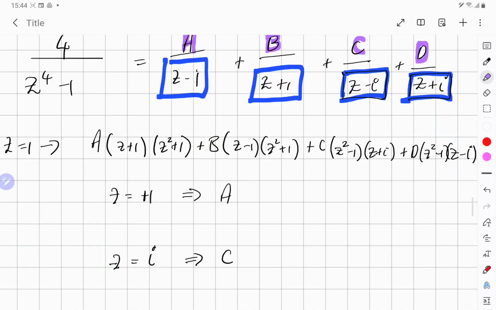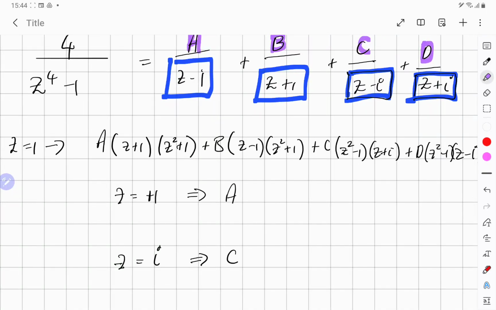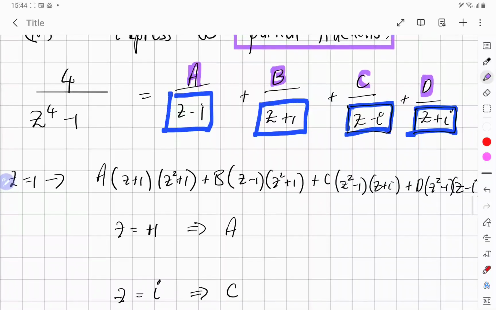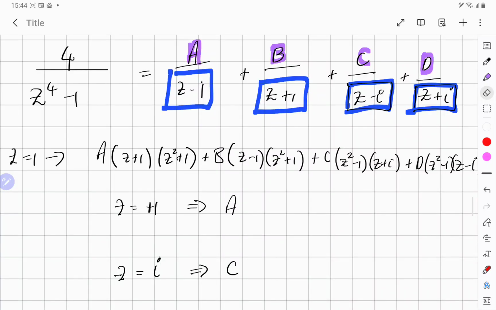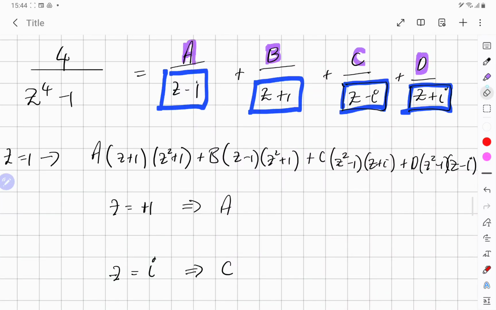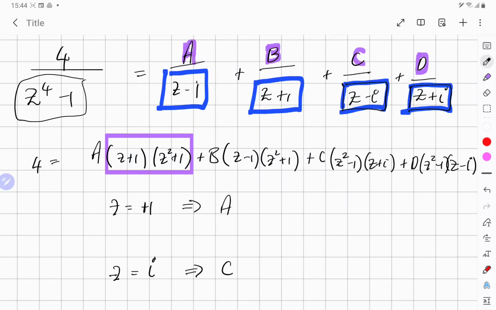Now, the next thing is if I times by the common denominator, so my common denominator will be those four factors. So let me just write it in here, because I want to get my LCD the same. So z minus 1, I have to times by z plus 1, z squared plus 1.